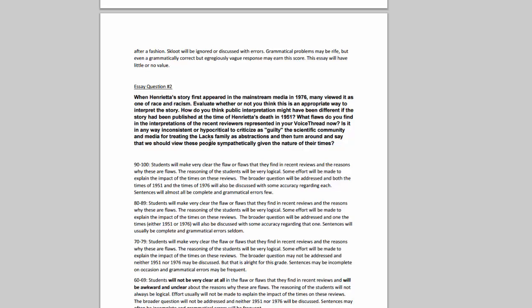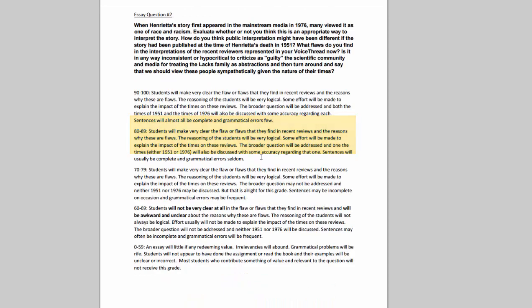Now, how should the Lacks story be perceived? And is it in any way inconsistent or hypocritical to criticize the scientific community and media as guilty for treating the Lacks families as abstractions and then turn around and say that we should view these people sympathetically, that is, the media and the scientific community sympathetically, given the nature of their times?